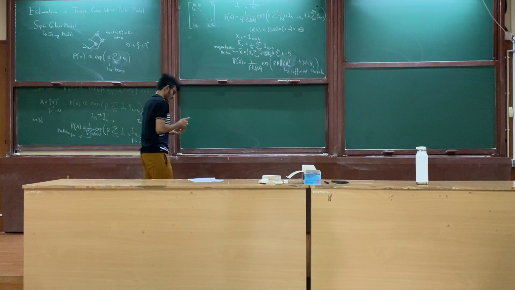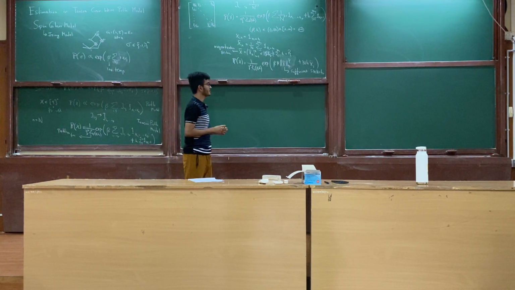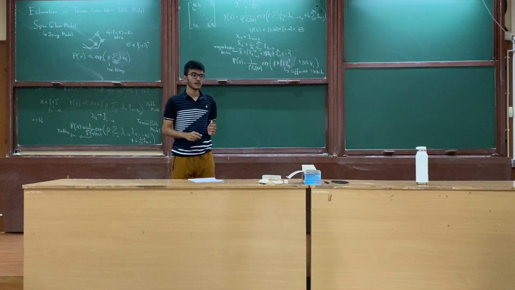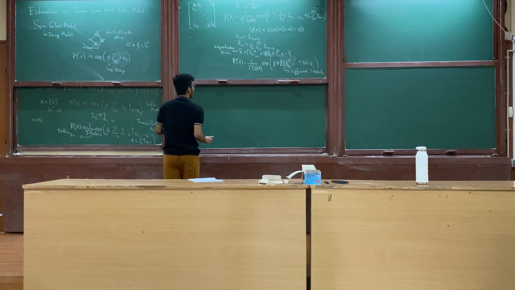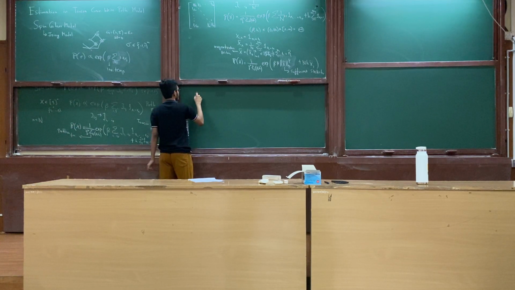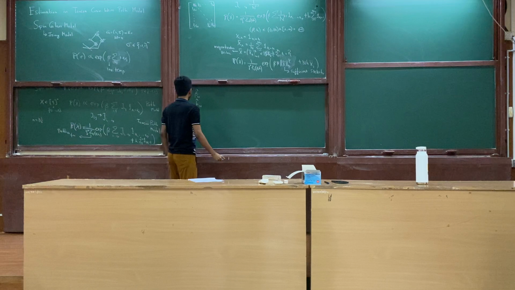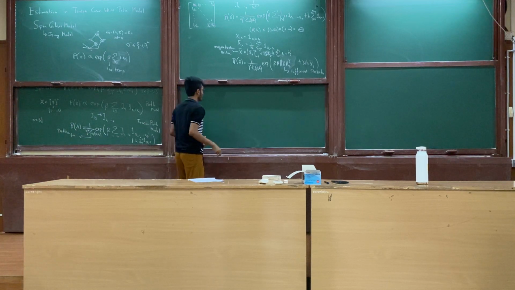Once we have this, what are our parameters? Our parameters are beta and h, and now our motivation goes to estimating them. So we are interested in beta hat and h hat, and I am writing a subscript n because it depends on n, and n is the dimension sort of thing.